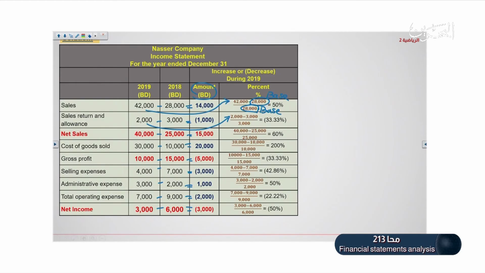We will add the current year minus base over the base, but in this case we will have 33.33%, but in minus because the amount here is already in minus because the sales return is less in 2019. And the same for the whole numbers.